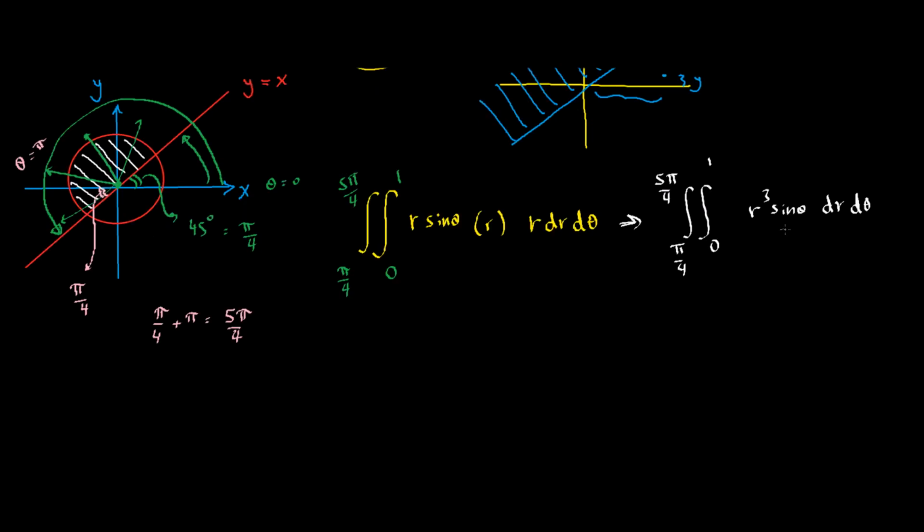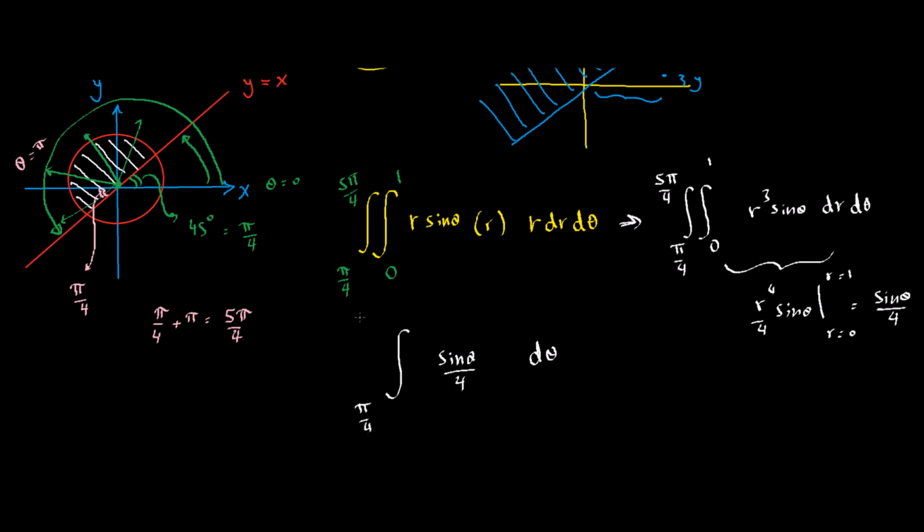Okay, so if we integrate this with respect to r, we have r to the power 4 divided by 4 sine theta. Evaluate this from r equals 0 to r equals 1, and you get sine theta over 4. Now we integrate sine theta divided by 4 d theta, and theta ranges between pi over 4 and 5 pi over 4.